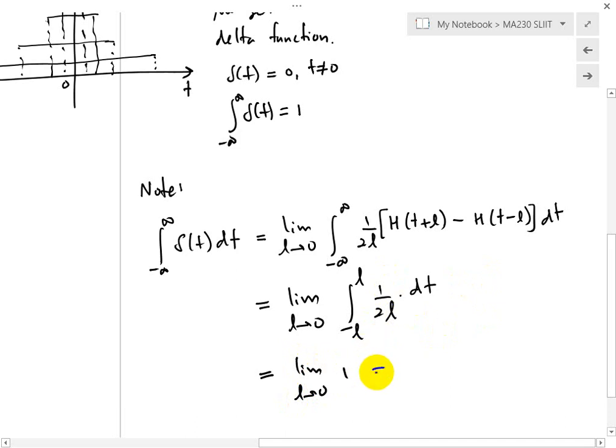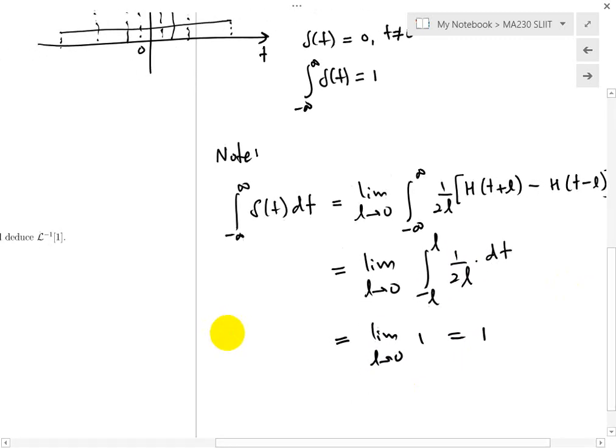So this area is just 1. I didn't write many steps, so you can check it yourself. So at least mathematically, we are proving the area of the delta function is 1.